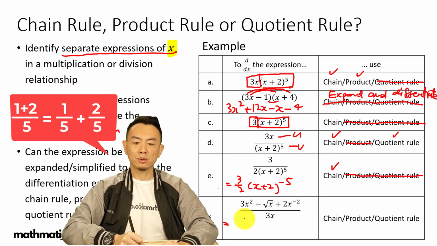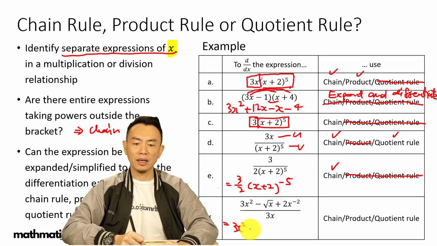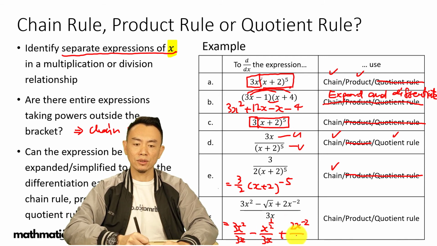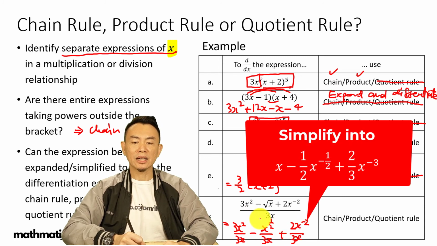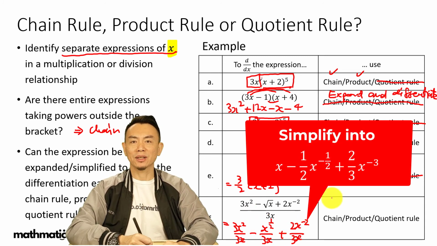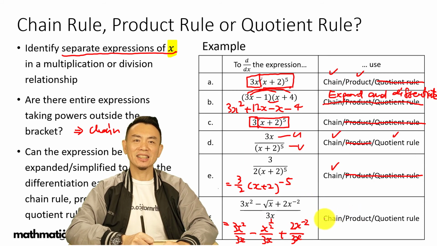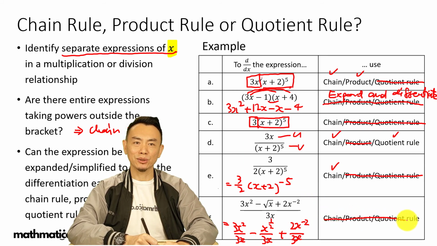So if you break it down this way, you have 3x squared over 3x minus x to the power of half over 3x plus 2x to the power of negative 2 over 3x, which we can simplify, and then differentiate the terms one by one. So again, this is neither chain rule, product rule, nor quotient rule. Just break it down into separate terms and differentiate them separately.